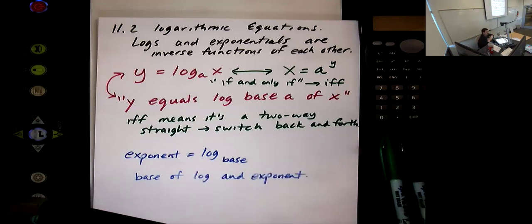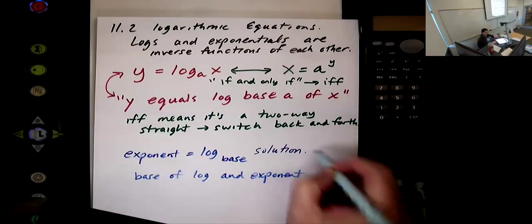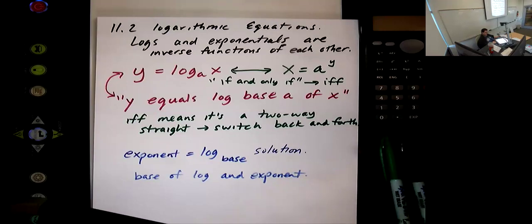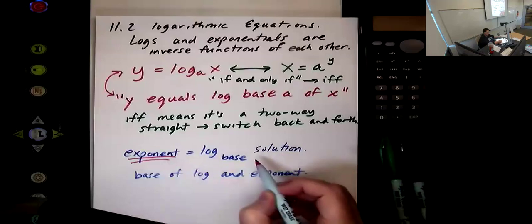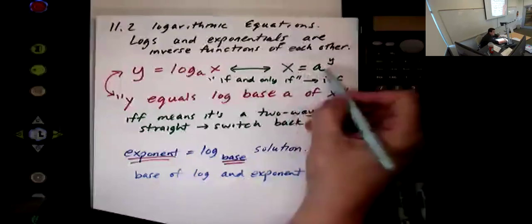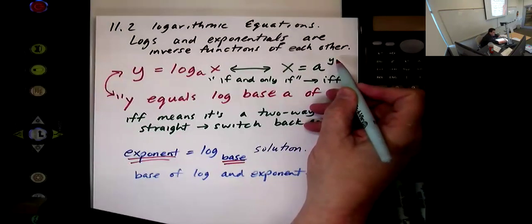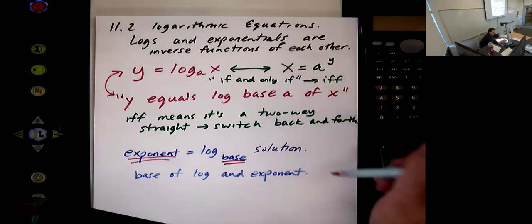This is like the solution. But remember the exponent goes on the other side. If I have it written in exponential form and I convert to a log, I put the exponent on the other side and the base stays the same. And there are only three things here, x, a, and y. As long as I remember where these two go, the third one doesn't have anywhere else it can go. It has to go in the log.